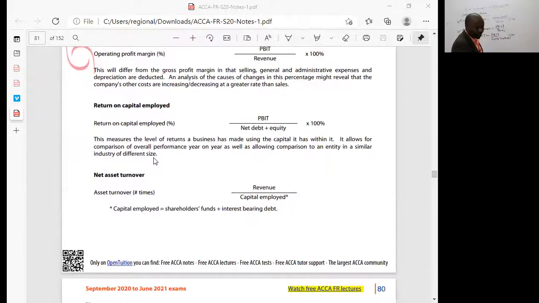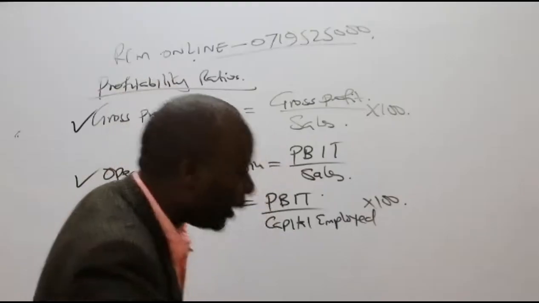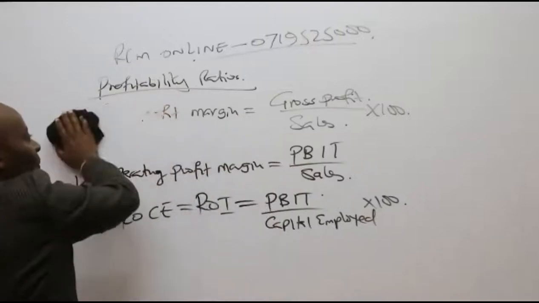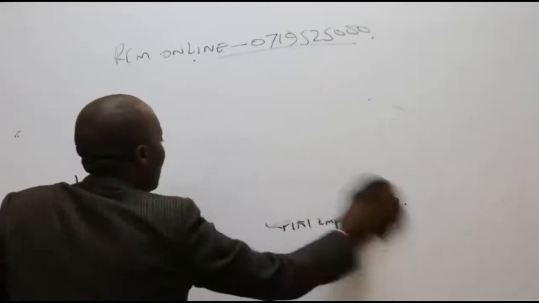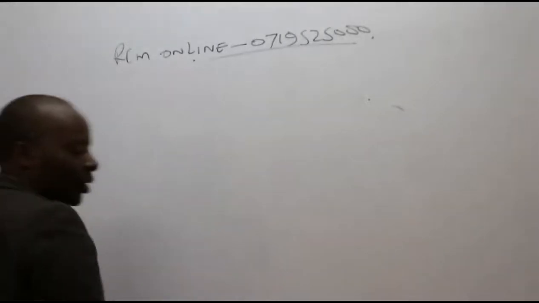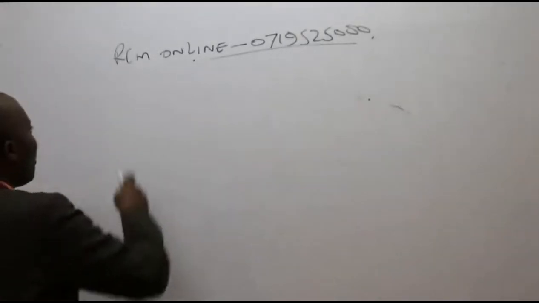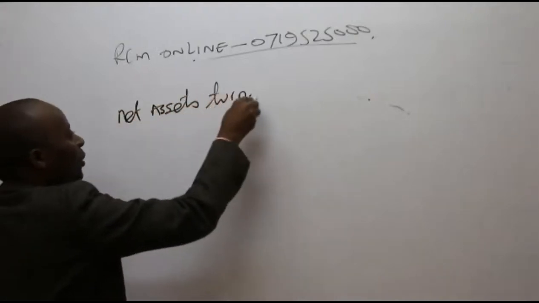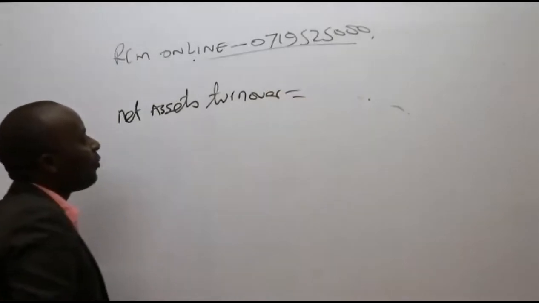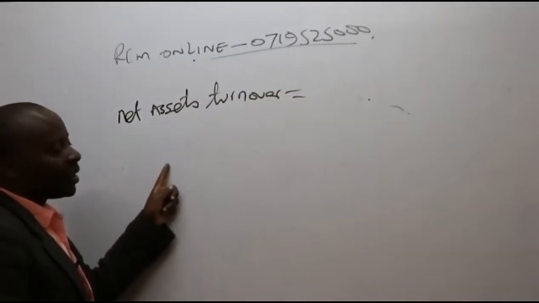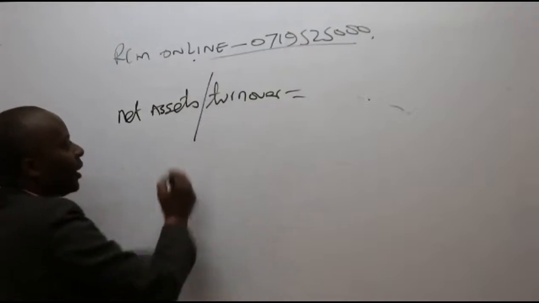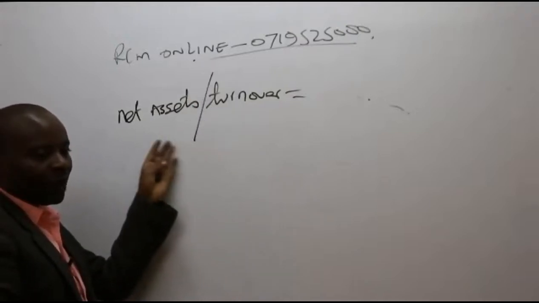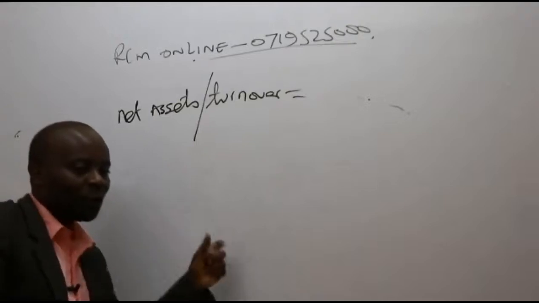Then we have the net assets turnover, which is also a profitability ratio. As the name suggests, somebody will tell you that the formula looks like net assets over turnover, but no, we are supposed to turn it over.